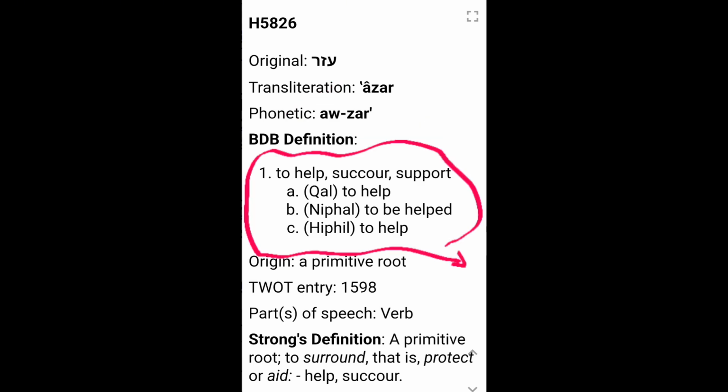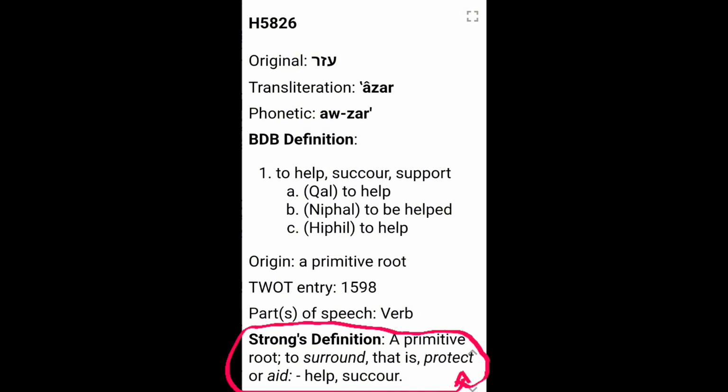The definition is to help, to succor, or to support. Strong's definition is to protect or aid or support. And Eliezer therefore means God is my aid, my support, my help.